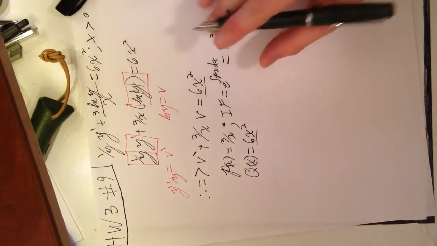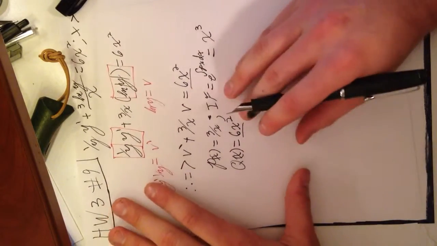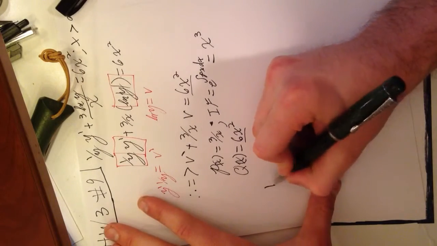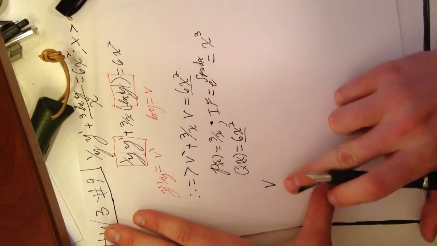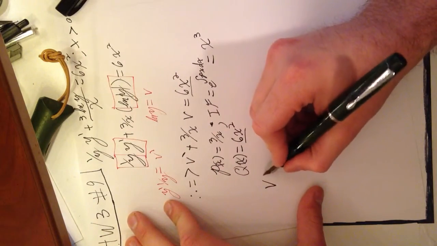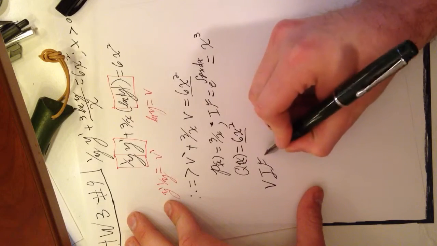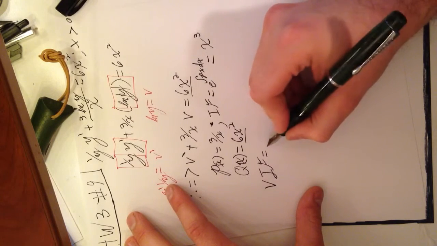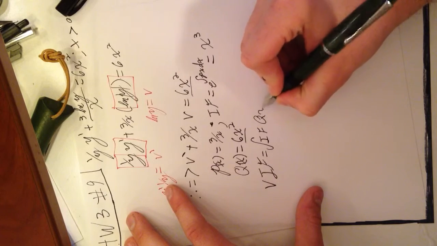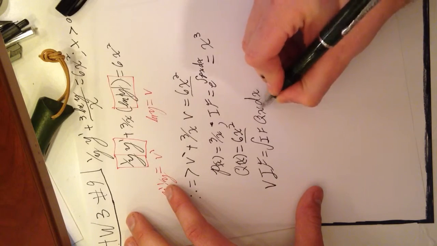And now that we have that, we go and put it into the integrating factor equation, which is just going to be v, not y, but v, because we substituted it in. So v times the integrating factor is equal to the integral of the integrating factor times q of x dx.